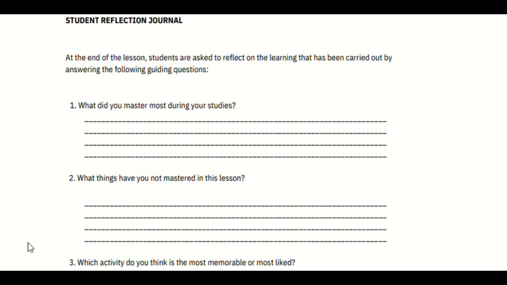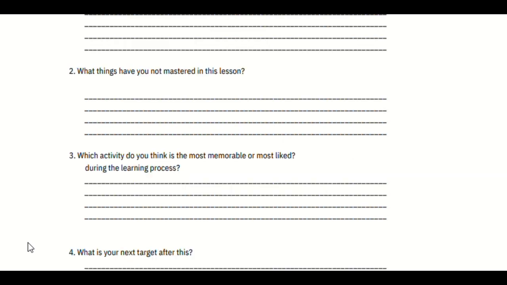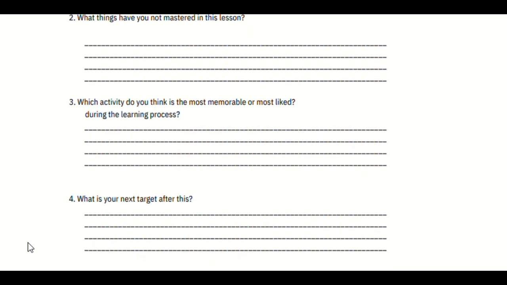What things have you not mastered in this lesson? 3. Which activity do you think is the most memorable or most liked during the learning process? 4. What is your next target after this? Action, implementation, observation sheet.